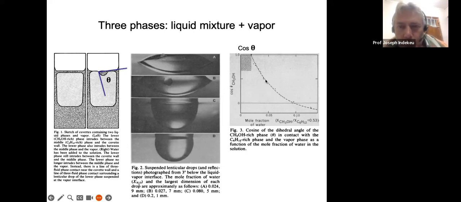And we note that the cosine of the contact angle, when we draw a curve as a guide to the eye, appears to have a discontinuity in slope right at a point where we cross over from a non-wet state with finite contact angle to a wet state with 0 contact angle.